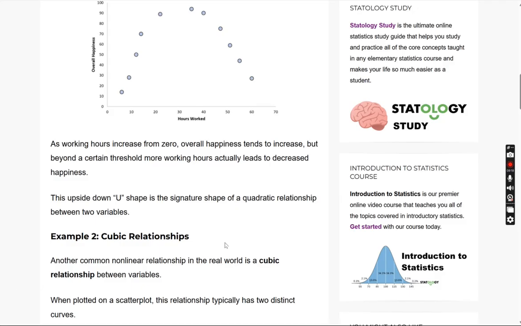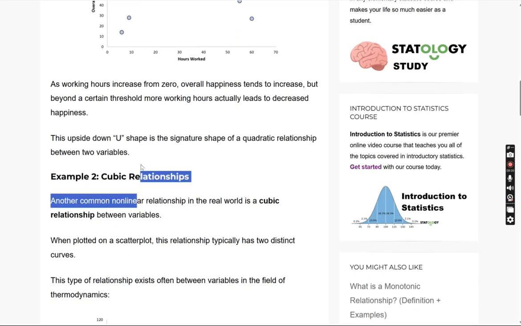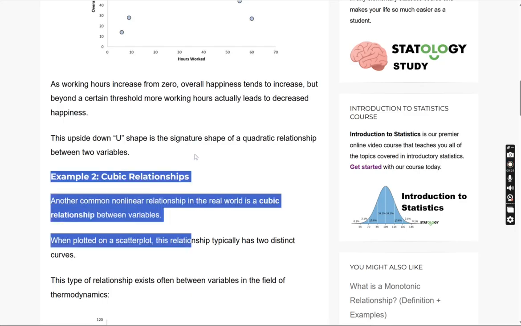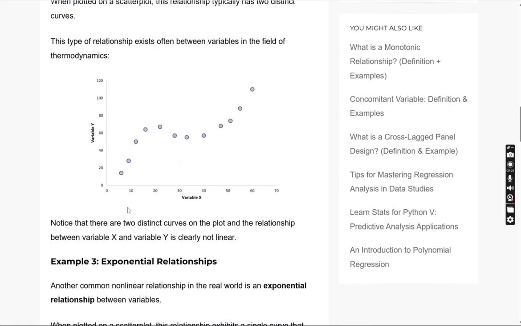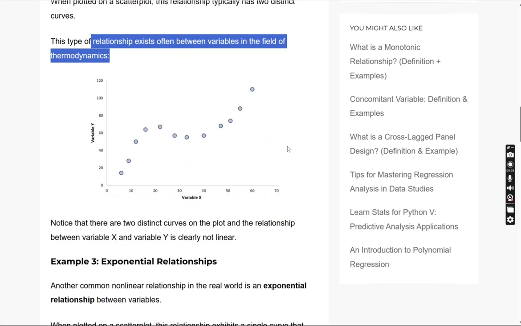Likewise, you have a cubic relationship. This is also one of the non-linear relationships. You will get to see a kind of S shape. We don't have a good example, but there are a lot of relationships in thermodynamics that exhibit this.